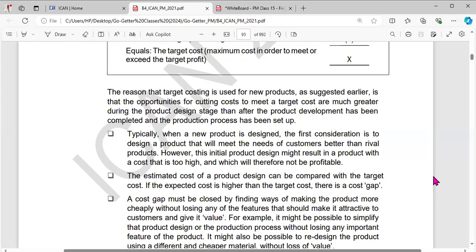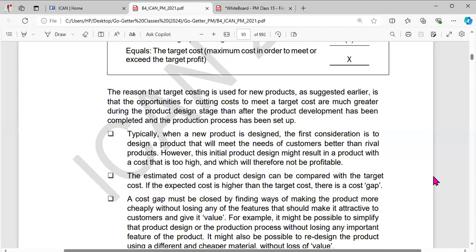So it means that you have to look for your target cost. When you look for your target cost, as seen in that example there, you will now go and check for your expected cost, what you're expecting to spend to make the product.